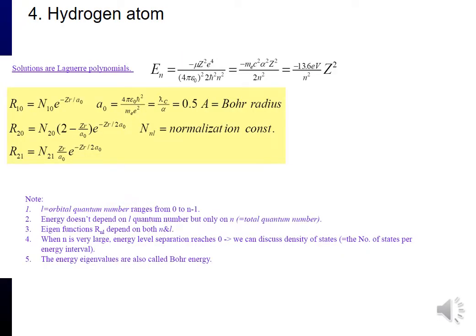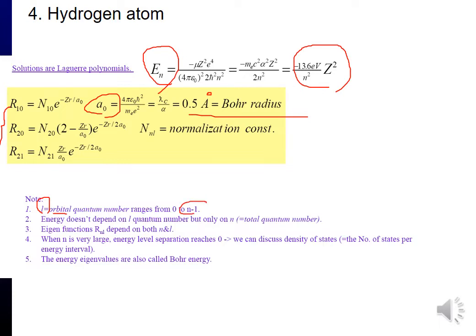So the energy was given like this, and R is given here. A0 is on the order of 0.5 angstrom. Okay, it is called the Bohr radius. So L was the angular momentum or orbital quantum number. It ranges from 0 to n-1.